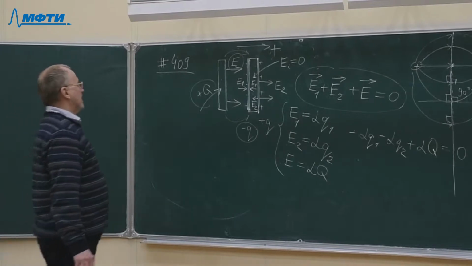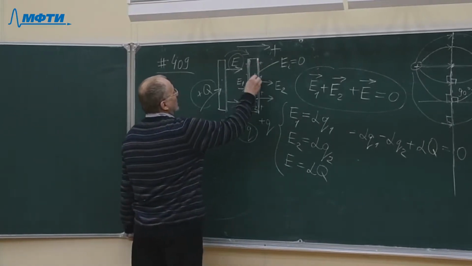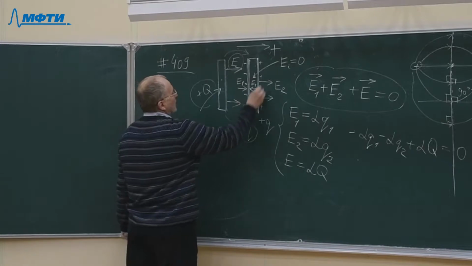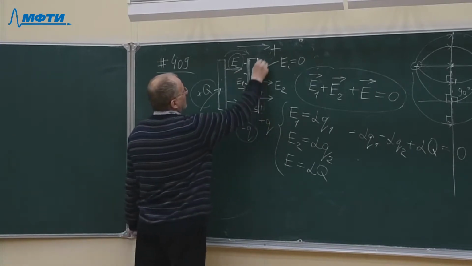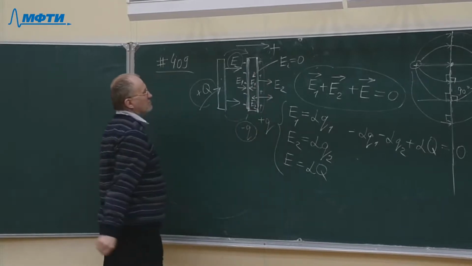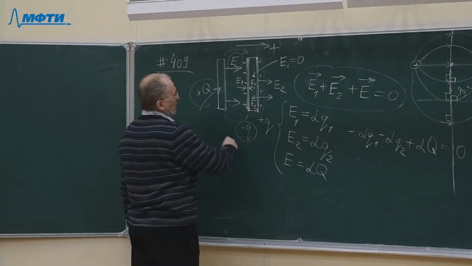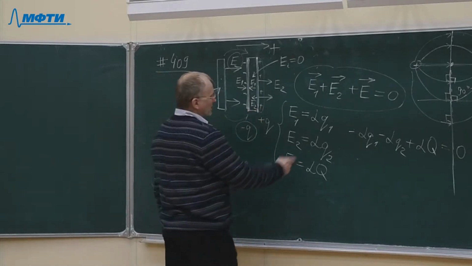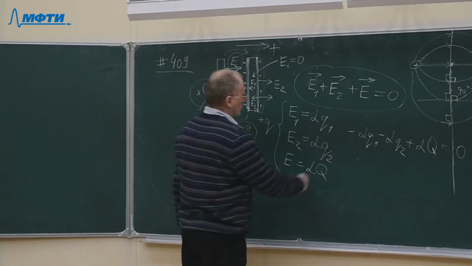Also, we may understand that if some electrons were attracted to the first plate, and if some electrons went here to create the surface negative charge, then the same positive charge, the same by magnitude, will be left on the opposite side. So these two charges are equal in magnitude. Q1 is equal in magnitude to Q2.